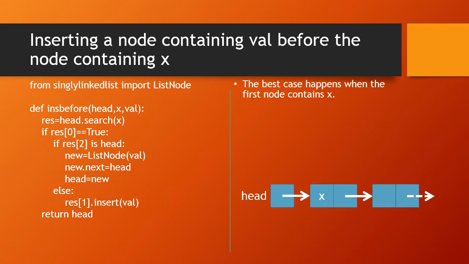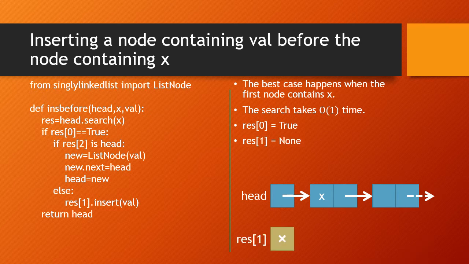The best case happens when the first node contains x. Why am I considering this to be the best case? Because in this case, the search function looks at the first node and finds x. So the search takes O(1) time. And then it returns. So when search returns, res 0 is true because it has found a node with the target element.